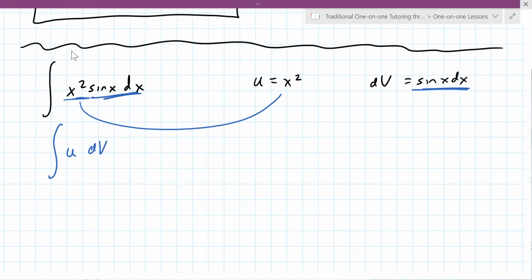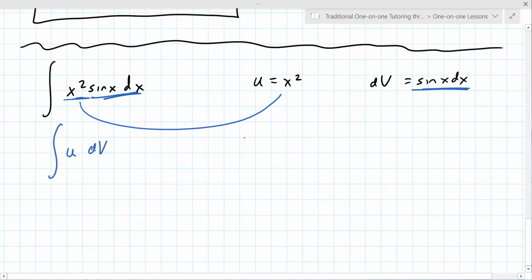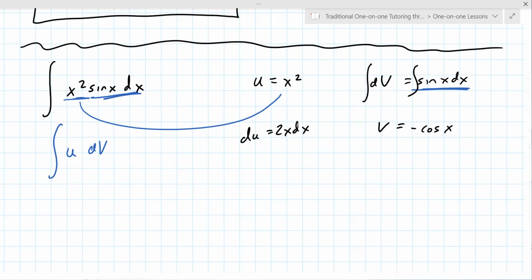Now du is 2x dx. Oh, I have to put the dx. Yes. And the v is negative cos x, without the x dx.